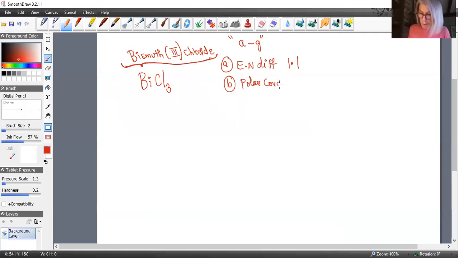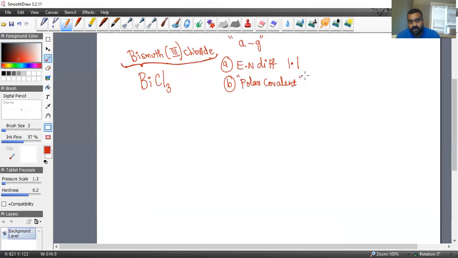Now, again, you have to go by the face value, okay? Don't change your logic, okay? This part is purely based on the value above, okay? Why is this polar covalent? I can tell you why it's not ionic, because bismuth is a metalloid, okay? It has some metal, some non-metal property, which is why it turned out to be polar covalent, which means it is sort of 60 metal, 40 non-metal, but we're not going to go in there.